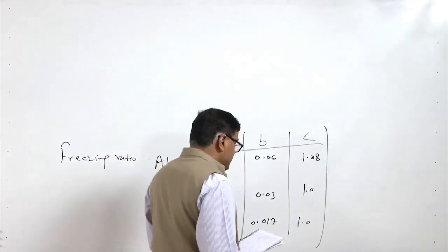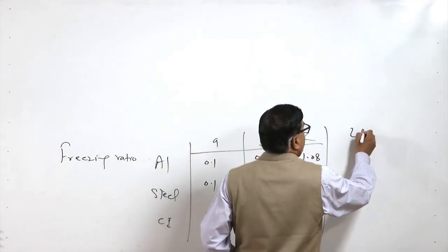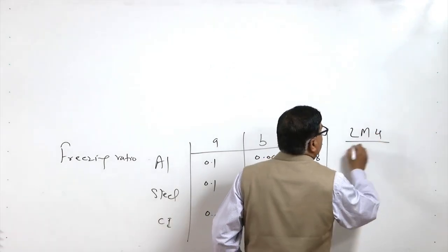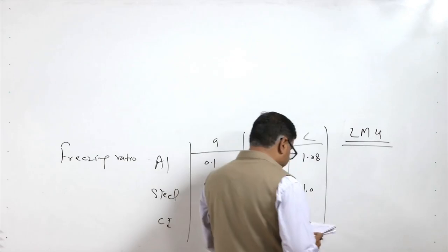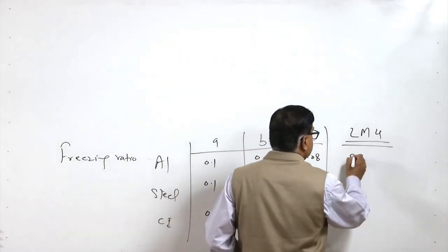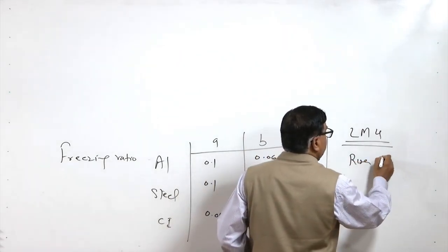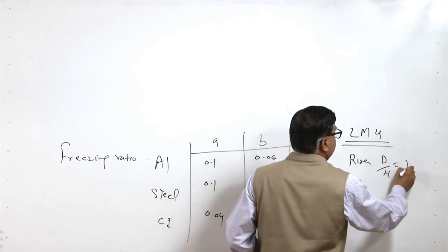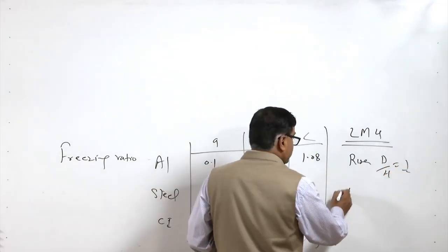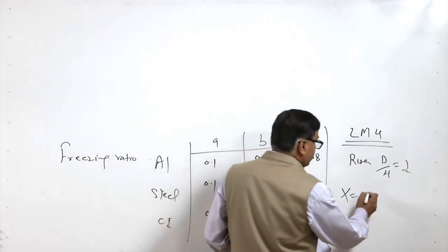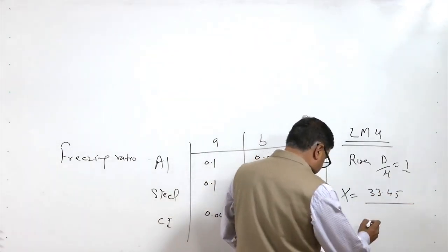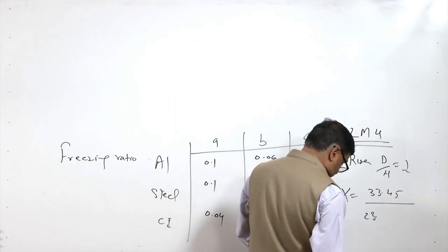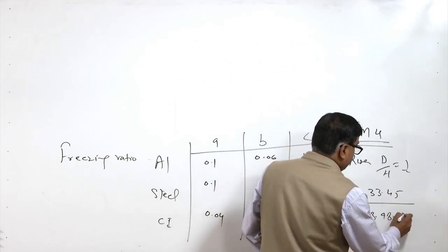One typical freezing ratio, for one of the commonly used aluminum alloys, LM4, for the riser when the diameter to height ratio is 1, is given by the equation X equals 33.45 divided by (23.98 minus Y).